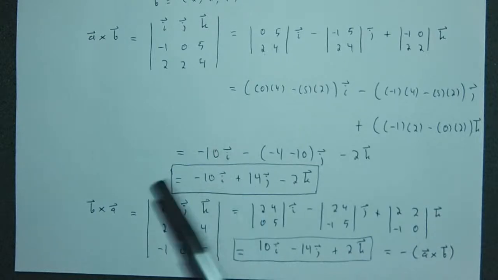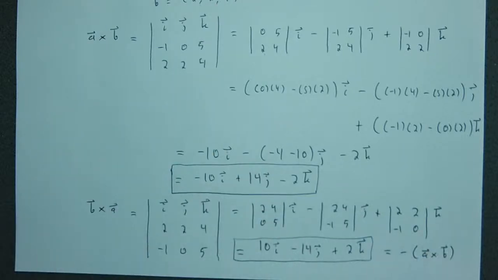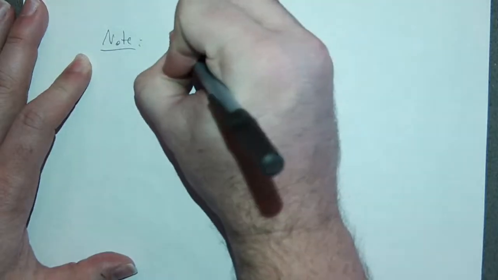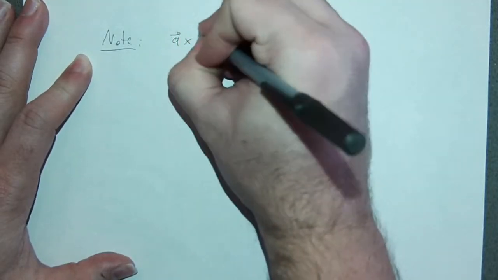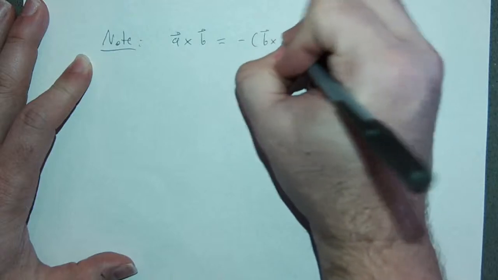Of course, I just literally made these numbers up, so the probability that this worked by accident for two made-up vectors is pretty low if you think about what goes into the cross product. But you can show this directly. Okay, so of course that's one property. So note, A cross B is equal to minus B cross A.